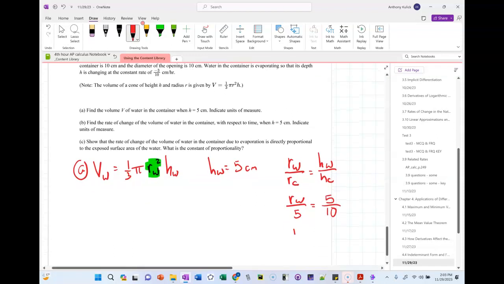I solved that proportion, and the radius for the water should be 2.5.